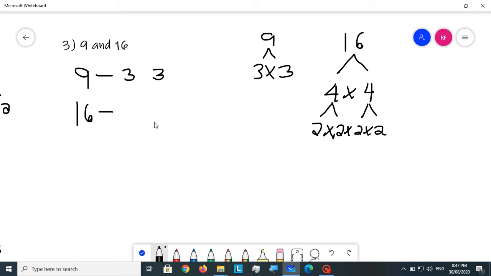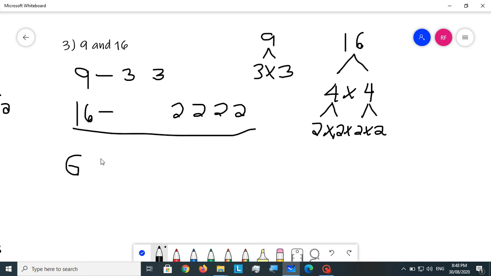They are all 2, and there's no 2 as a factor of 9, so you just write here 2 times 2 times 2 times 2. As you can see in this example, there are no common prime factors for both 9 and 16. If there are no common prime factors, the GCF would be 1. So the GCF is 1.